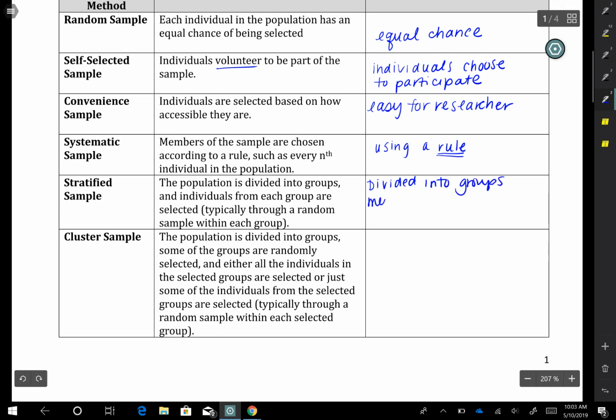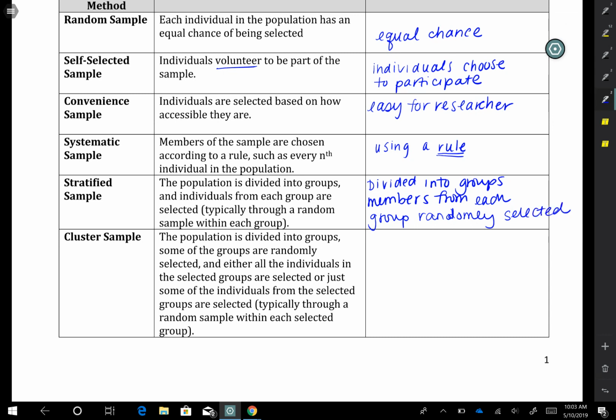Members from each group randomly selected.